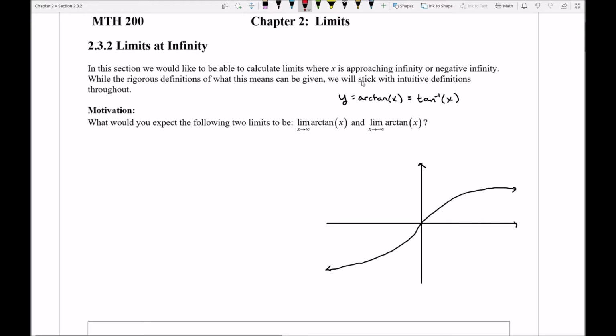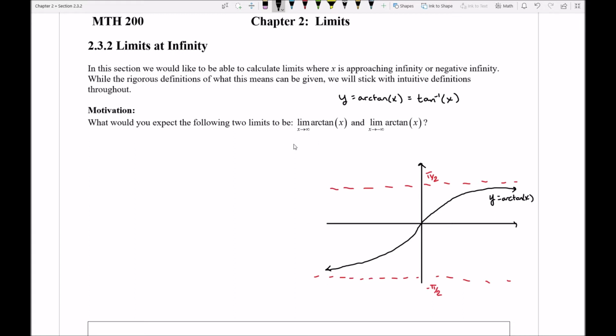Now in addition to this, there are two horizontal asymptotes on the graph, and these occur at the y values of pi over 2 and negative pi over 2. So this is the graph of my inverse tangent function, or my arctangent.